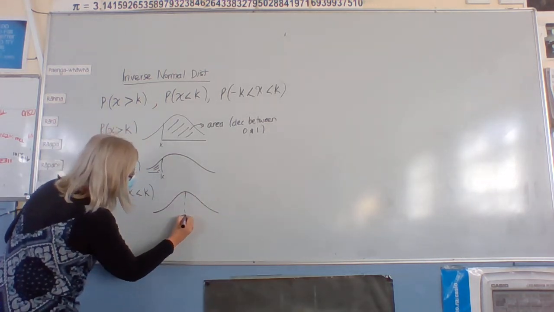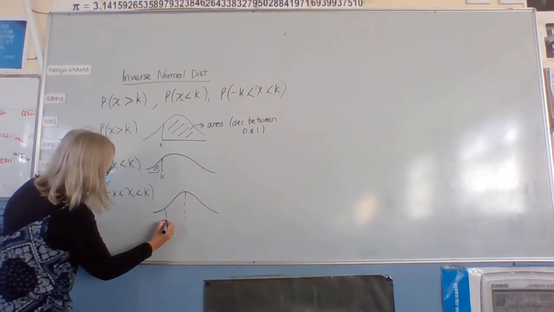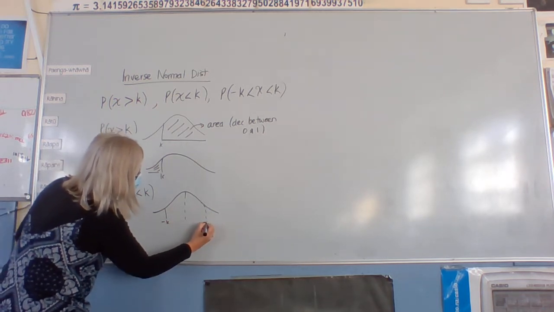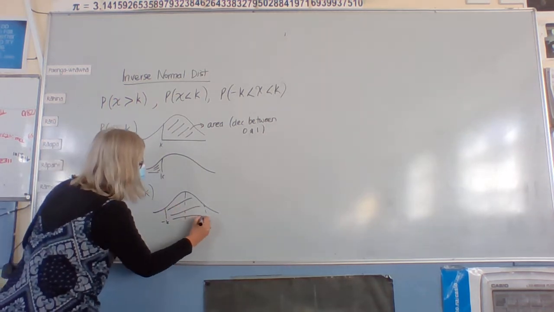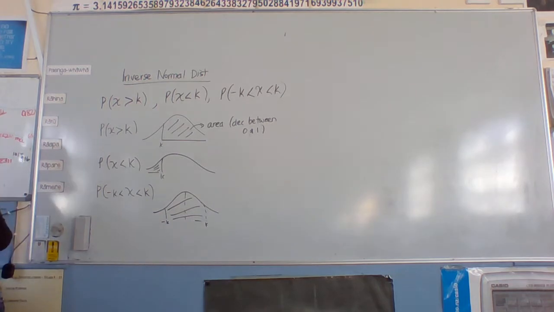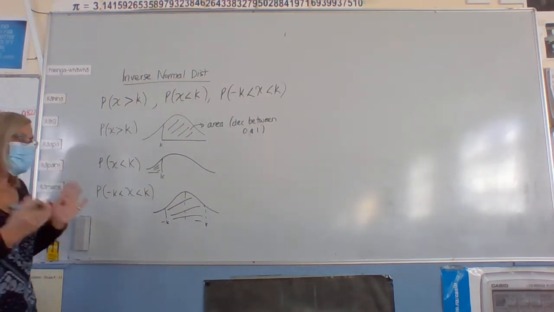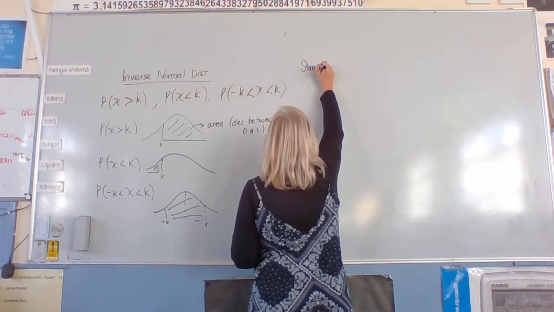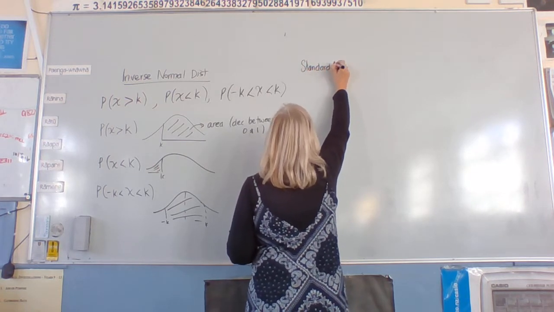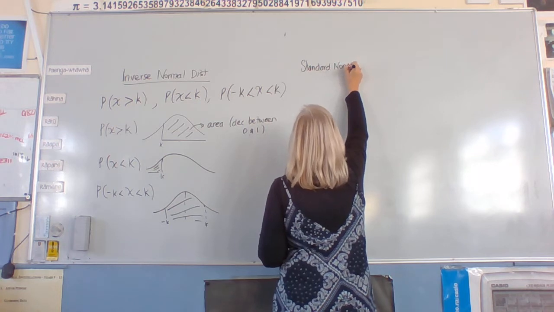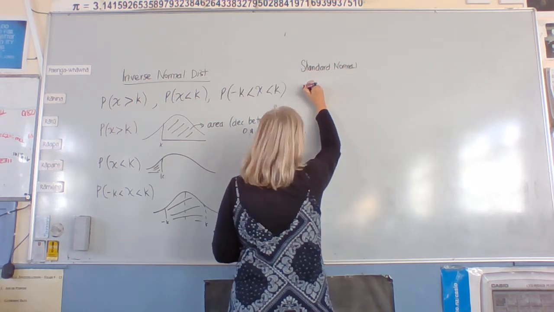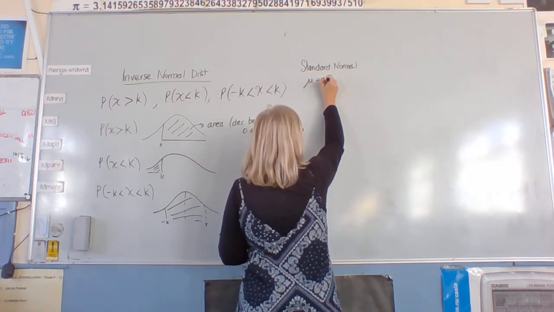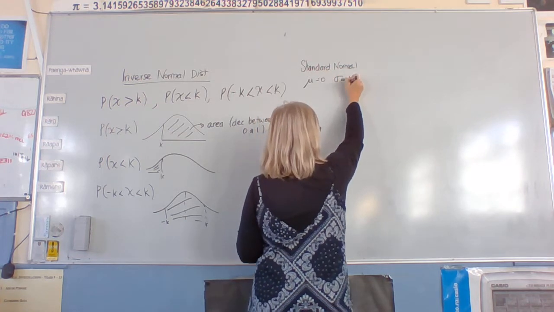So if this is the mean, we've got negative k here and k over here, so half the probability on either side of the mean. First of all, we're going to look at it with a standardized normal. This means that we've been given the mean equals 0 and the standard deviation equals 1.